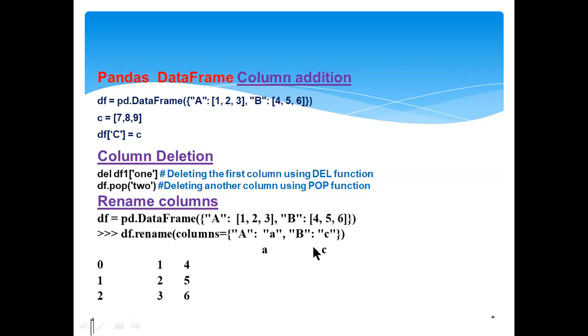These are the keys, and these are the values assigned, 1 2 3 4 5 6. This output should be here; by mistake it is formatted here.